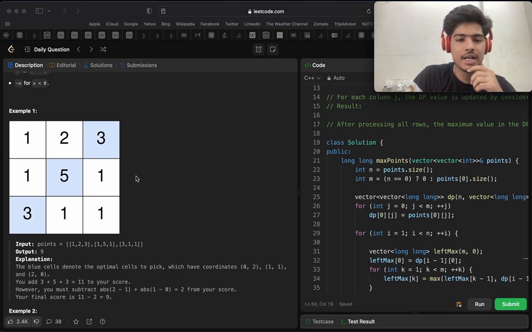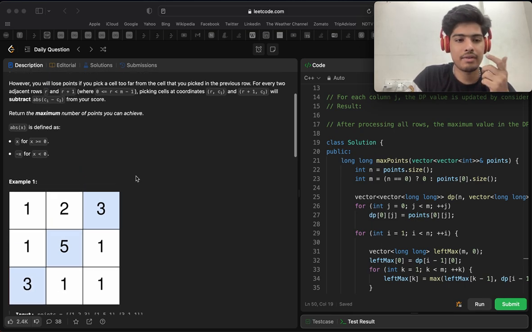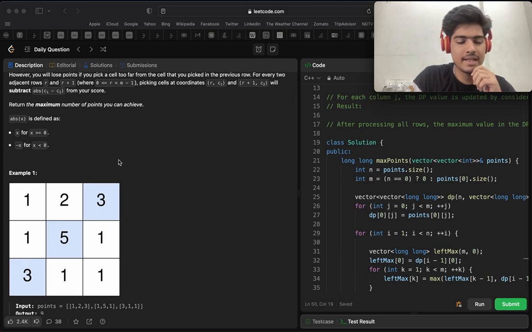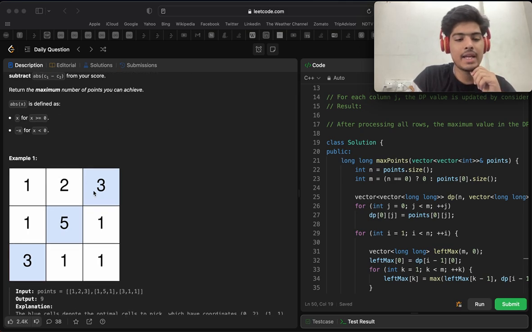Now I have to subtract the absolute value of the different columns, like c1 minus c2, because here I am taking the element from the first row which has column index 2, and from the second row I am taking the element which has column index 1.